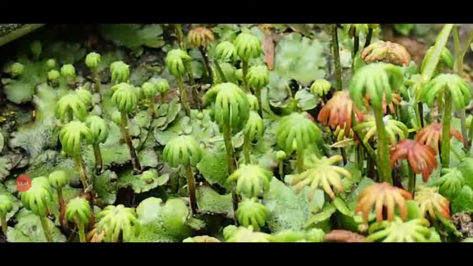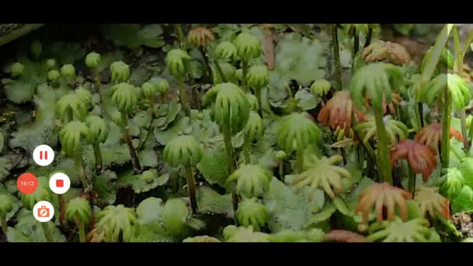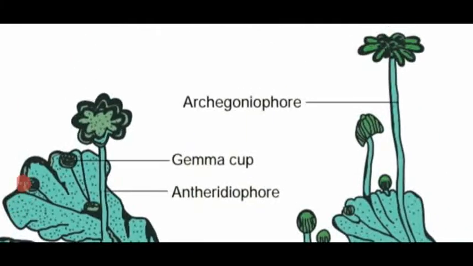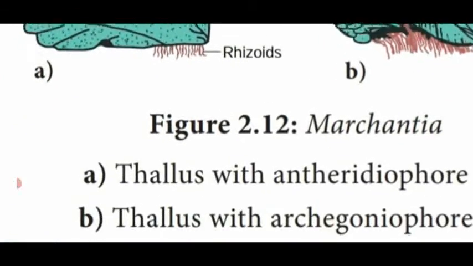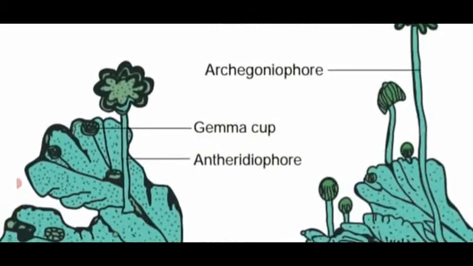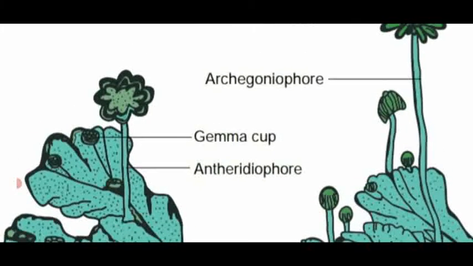Dear students, this is the diagram showing the two different thalli of Marchantia. Male thalli with antheridiophore, female thalli with archegoniophore. Both of them produce two different sex organs. Male sex organ named antherozoid, biflagellate. Female sex organ is known as egg or ova. Dear students, see the diagram. These are the two different thalli of Marchantia showing gametophore with gametes.